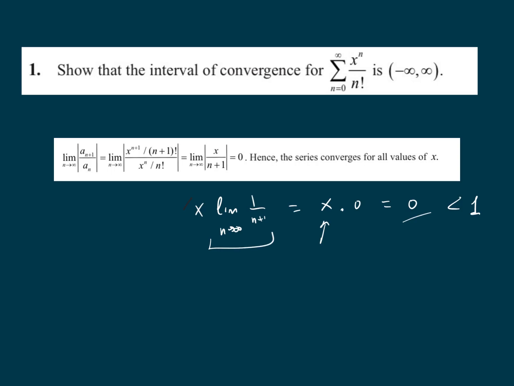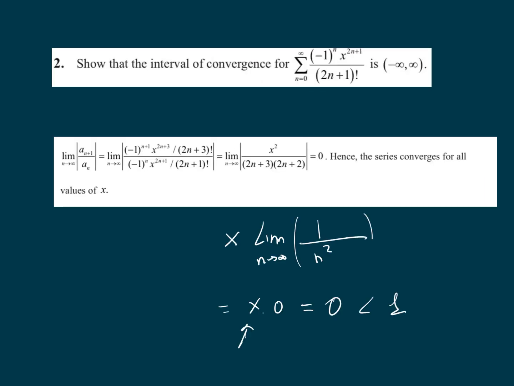This goes to 0 when n goes to infinity. The x doesn't go anywhere. The x is the value that you are going to plug in. So x times 0 is 0. So this limit is less than 1 for all x. Because it's less than 1 for all x, this power series representation will converge for all x. And the problem is solved.